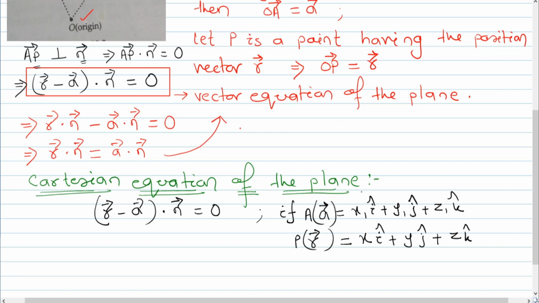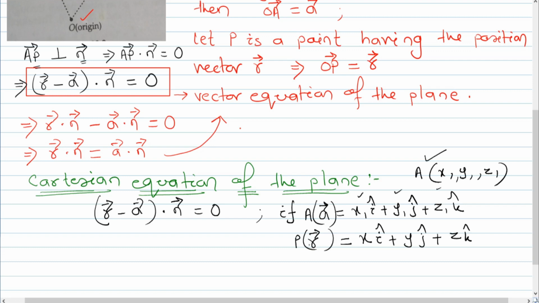That means x1, y1, z1 is the coordinate of the point A. If the coordinate of the point A is x1, y1, z1, then a vector is equal to x1 i cap plus y1 j cap plus z1 k cap, all of you know.